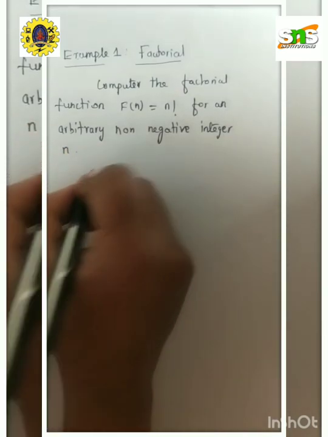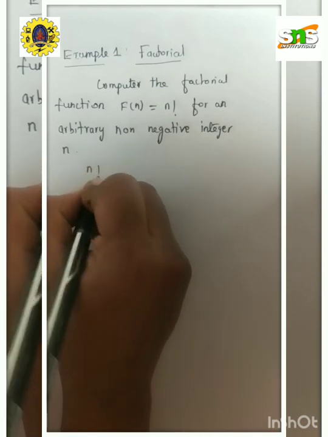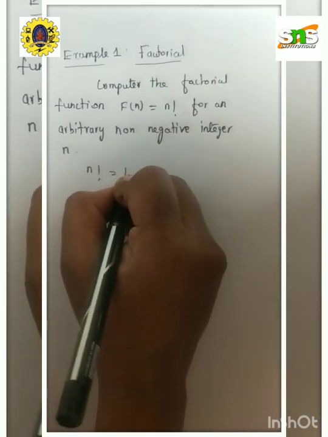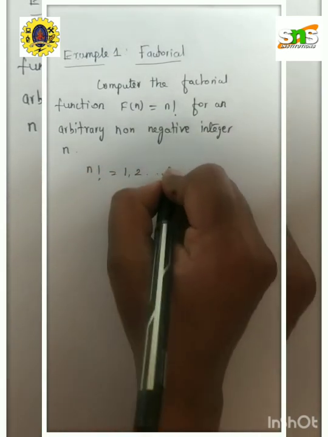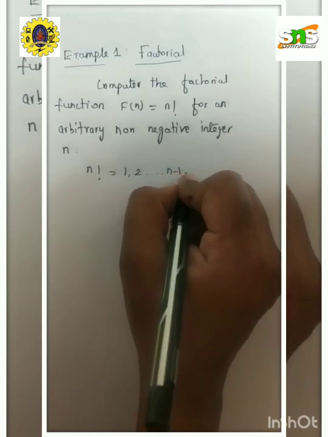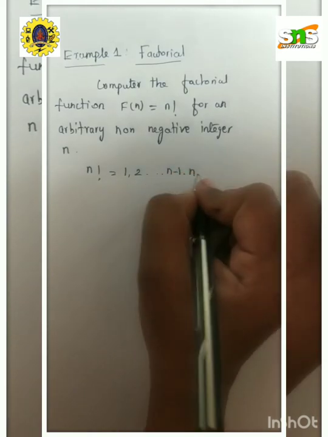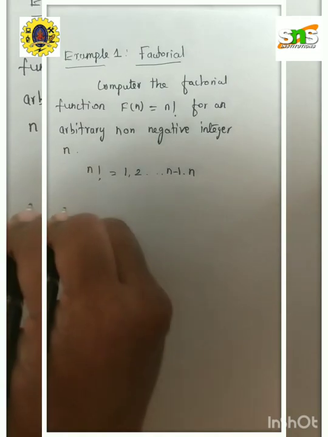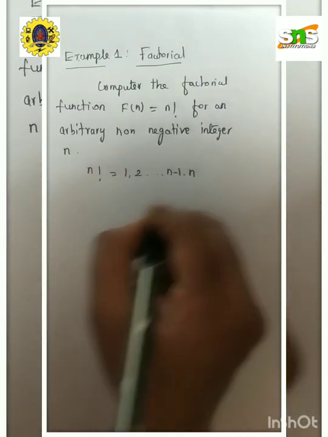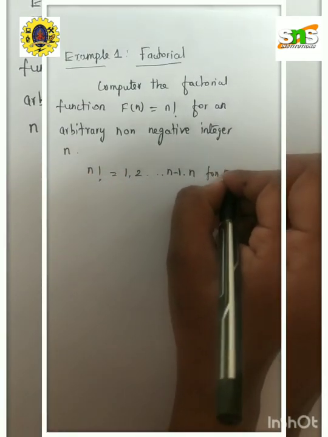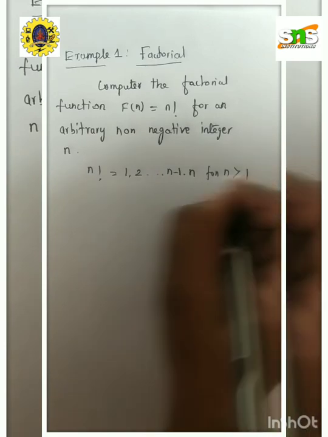Here we define n factorial equal to 1, 2 up to n minus 1 and n. This is the definition for n greater than or equal to 1.